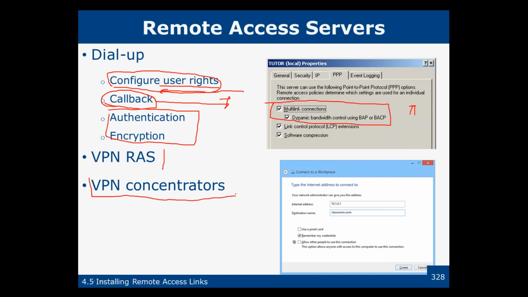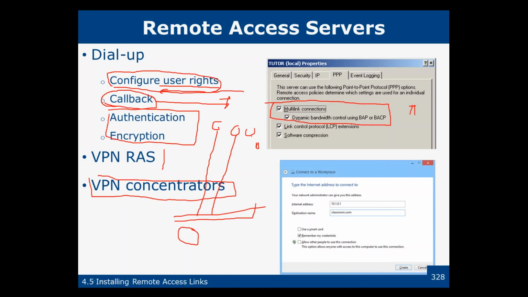VPN concentrators are a device. If we have multiple VPNs, at one of the places I worked I think we had 12 sites, and everything came to the headquarters even to go to the internet, and all the traffic was secure. So instead of trying to configure a router with all these 12 VPNs, we had a VPN concentrator that they all connected to.